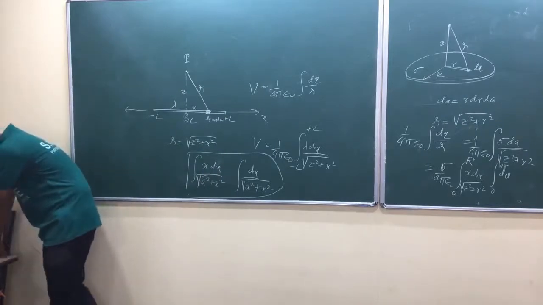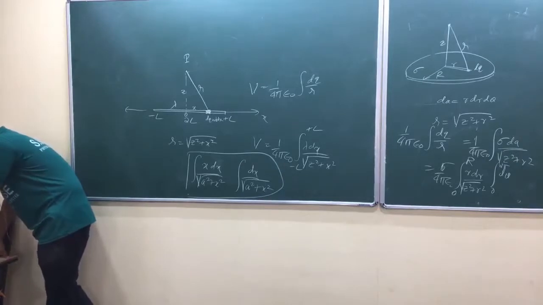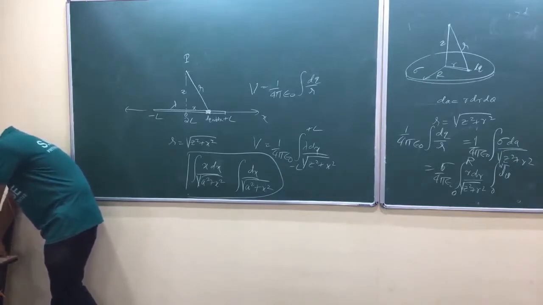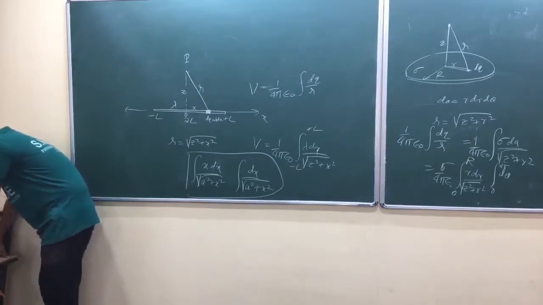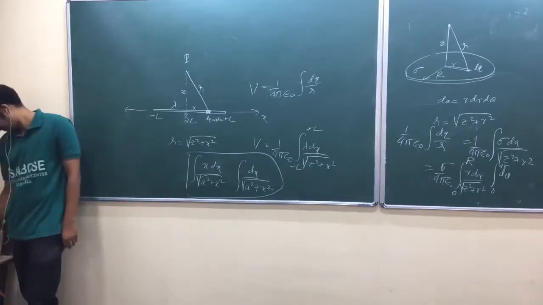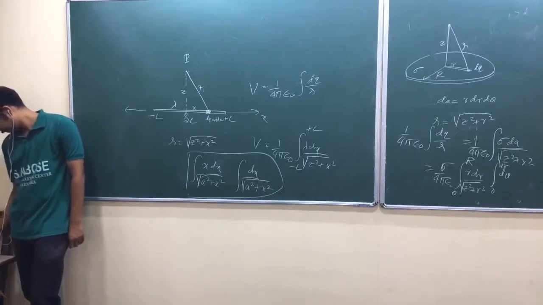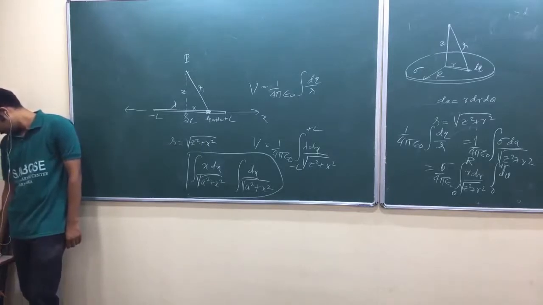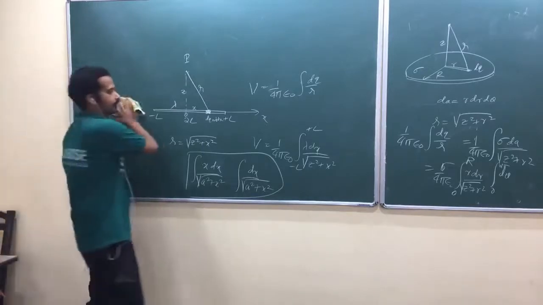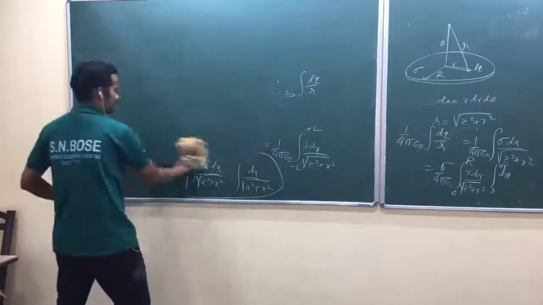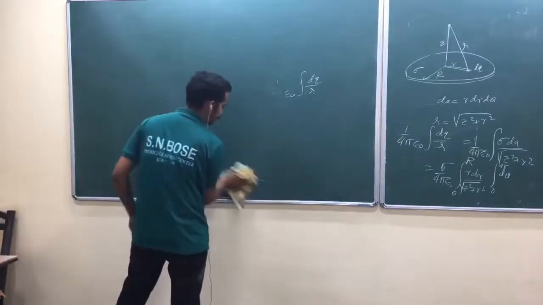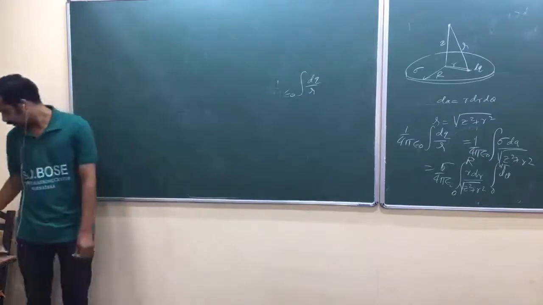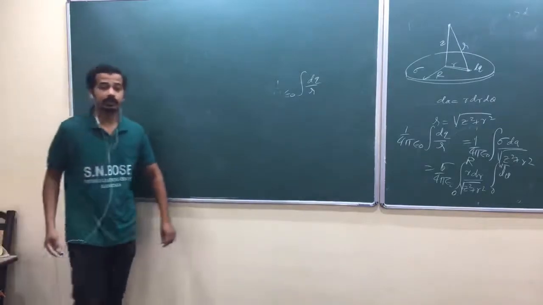2.27, wait a second. Find the potential on the axis of the uniformly charged solid cylinder at a distance z from the center. Again, you have to do that integration because you can't find the electric field that easily.